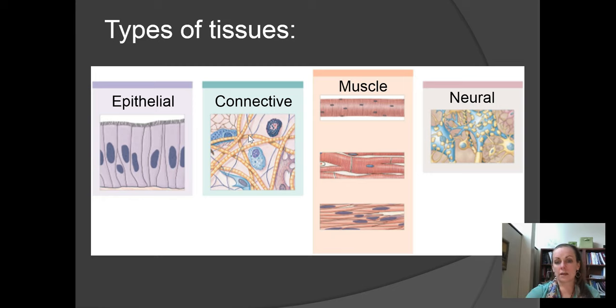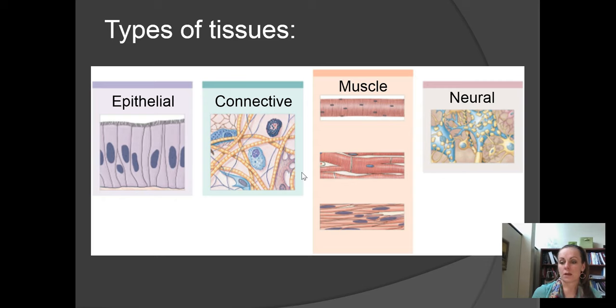And then the last function of connective tissue, there's actually some fluid connective tissues, blood and lymph, and we'll talk more about those and their functions when we get there. But basically you can think those fluids help connect the different parts of the body by transporting materials between a lot of the different tissues.